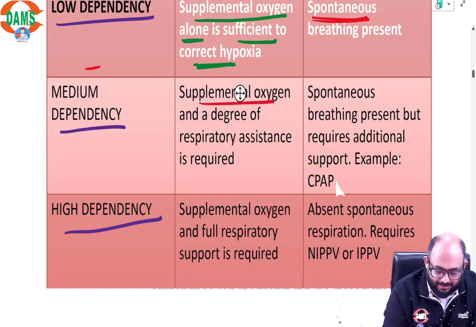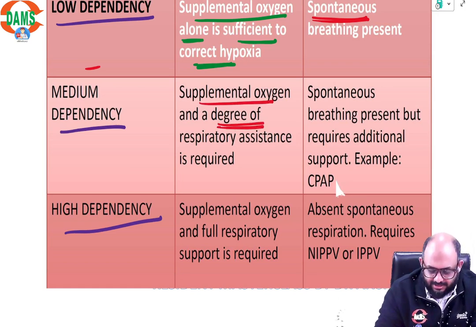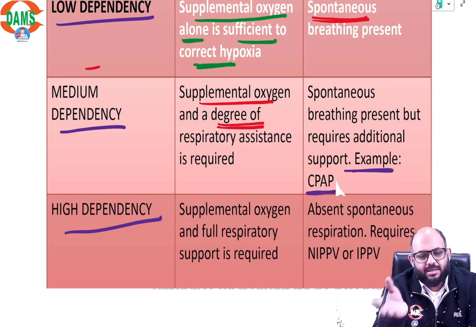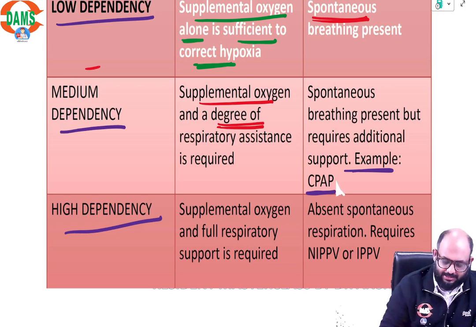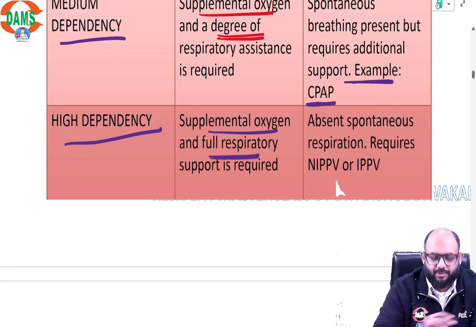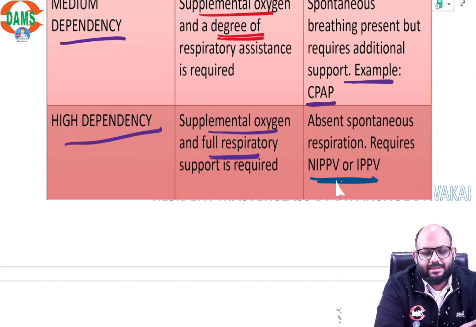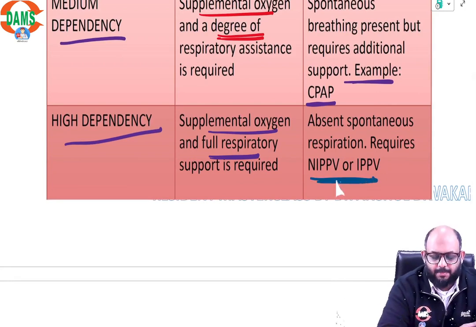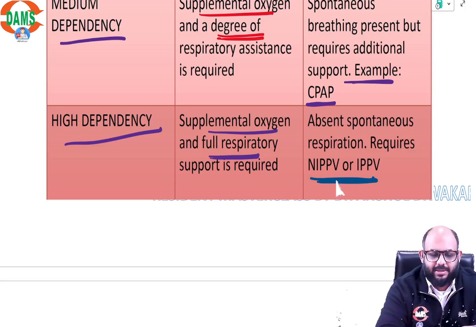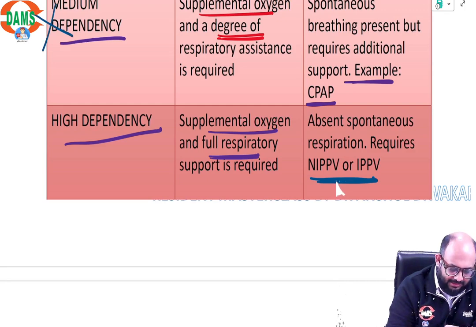Medium dependency, supplemental oxygen with some degree of respiratory assistance, like using a CPAP or BiPAP. So it is spontaneous, but you are supporting. High dependency is supplemental oxygen with full respiratory support. That is your IPPV, where the patient is not breathing, you are only giving the breaths, right? So we are not going to discuss these two today.